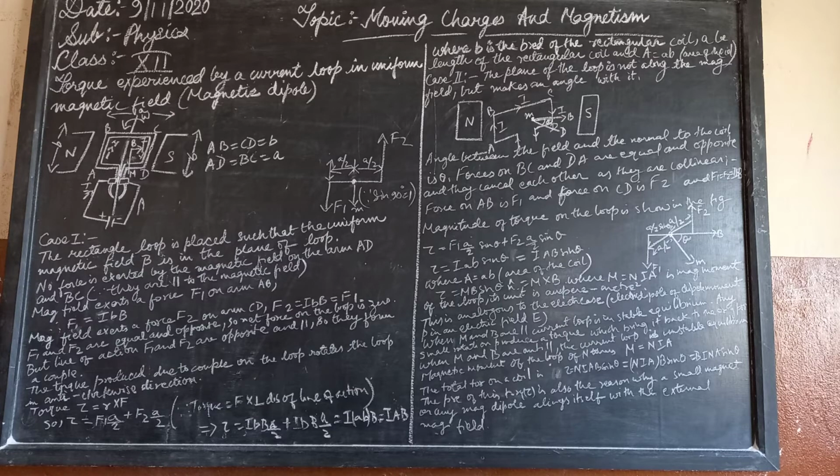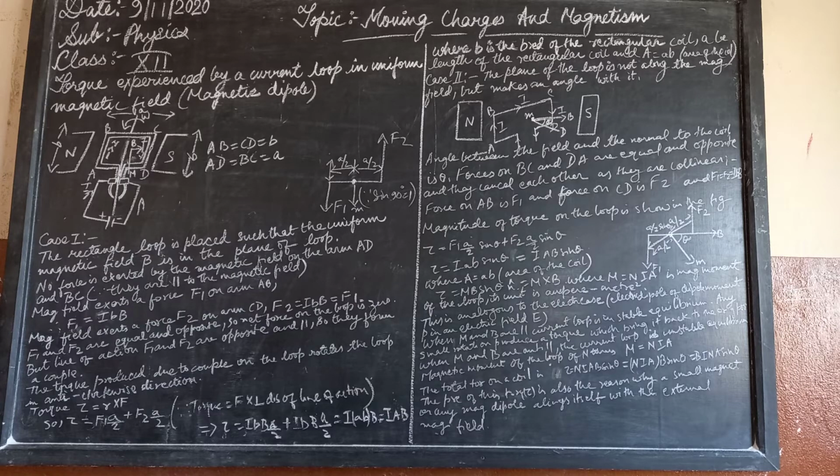For the magnetic dipole, the moment of a loop of N turns will be m equal to N I A. The total torque on the coil is tau equal to N I A B sin theta.